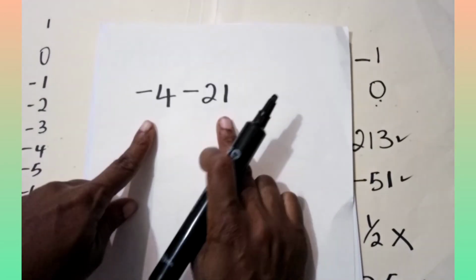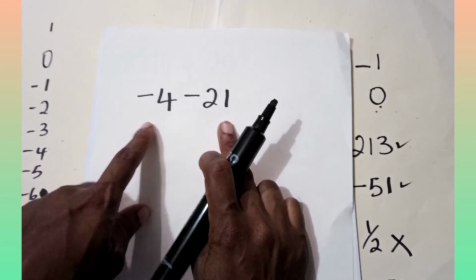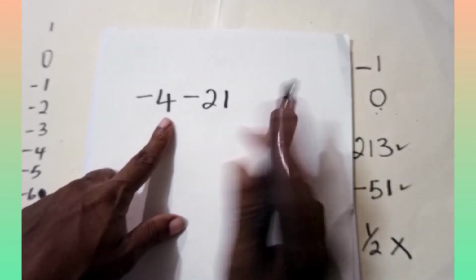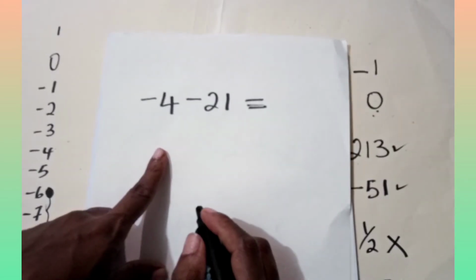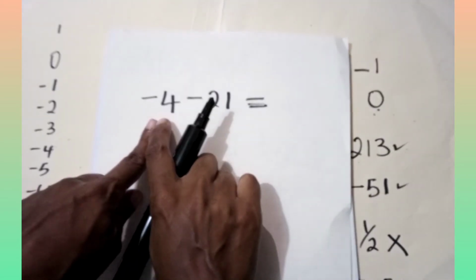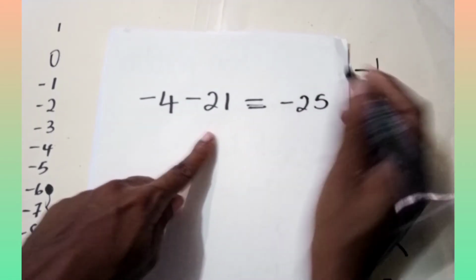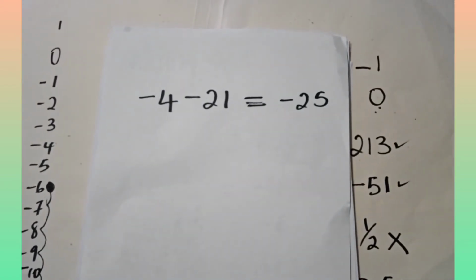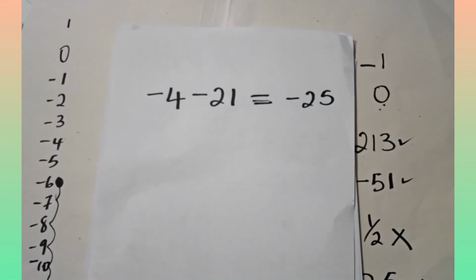But now because you're adding them, does that mean your result is going to be positive? No. You're adding two negative numbers. Your result is going to be negative. You get me? You owe 4, owe 21 more. So in all, you owe 25. So you added the values. You added the 4 and the 21. You get 25. But you were subtracting both numbers. So you're still subtracting. Get that?